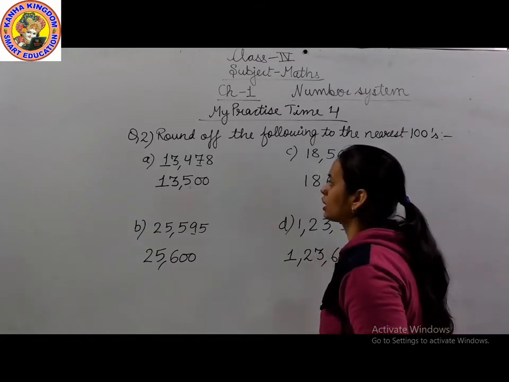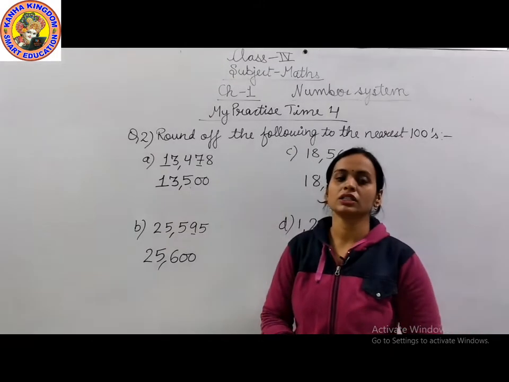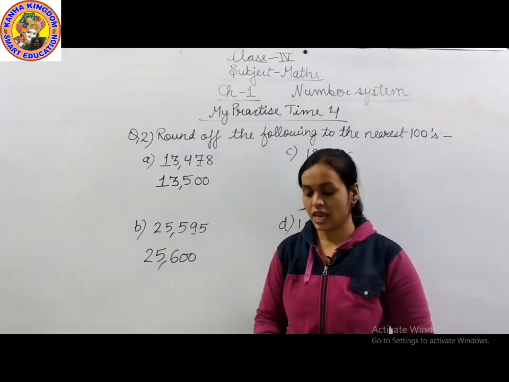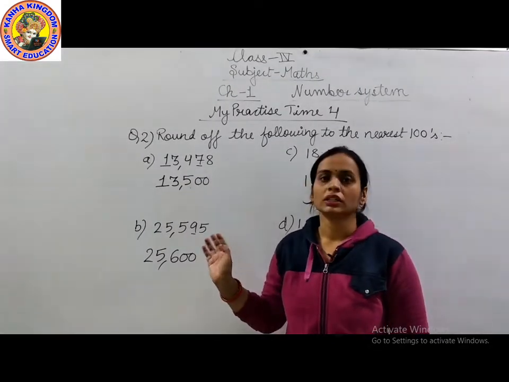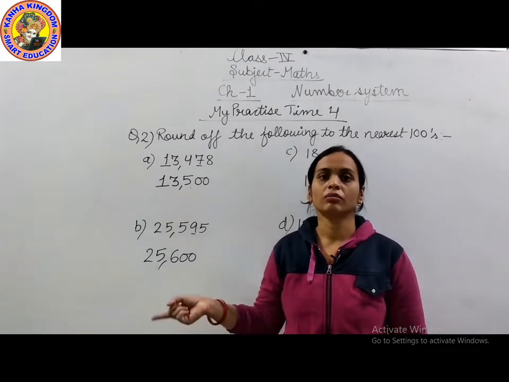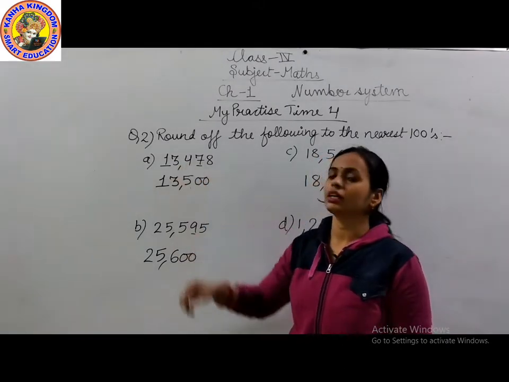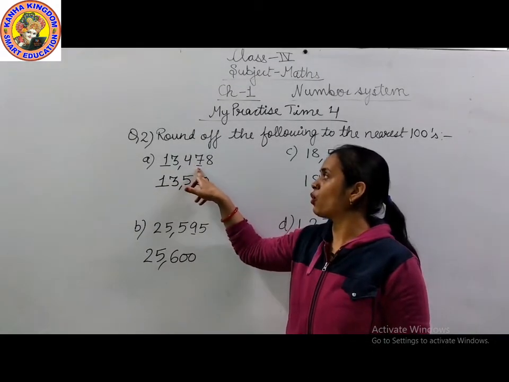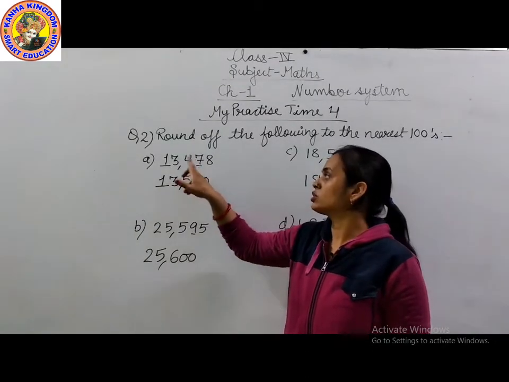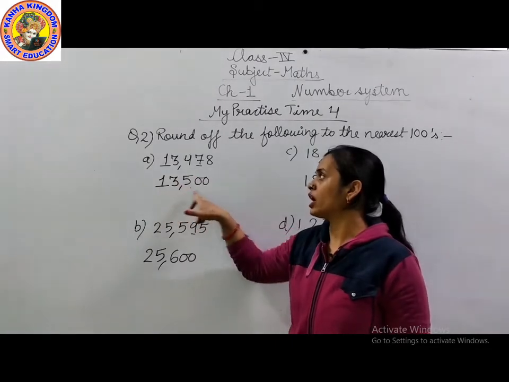1,23,600. Okay. If the digit at the tens place is less than 5, we subtract 100. Means if the digit is 4 or less than 4, we write here 13,400.